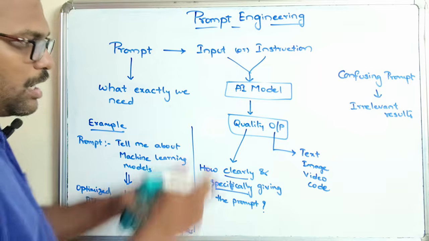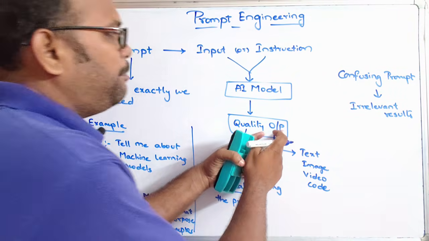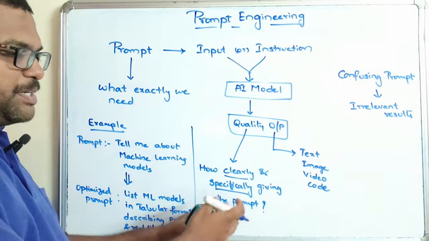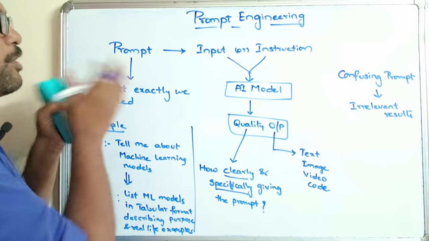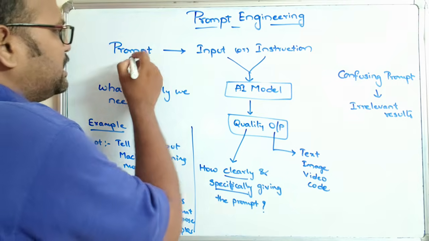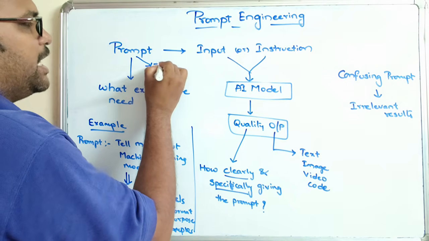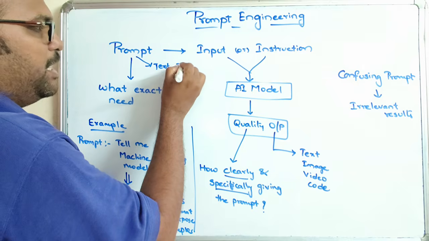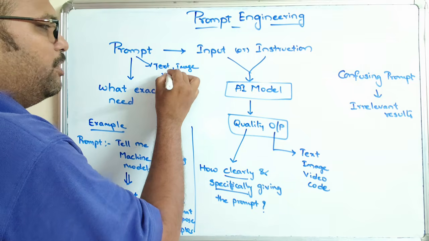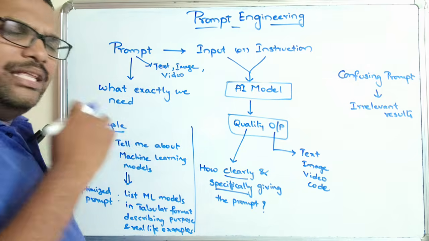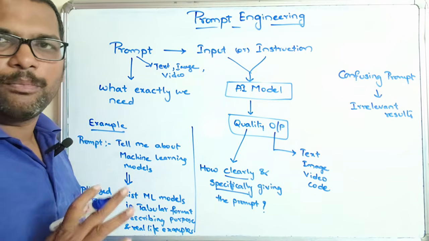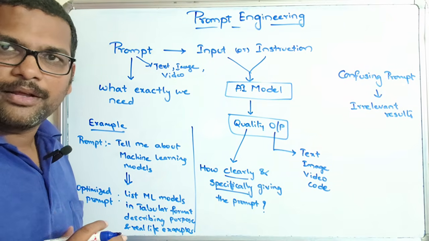The quality of output depends upon how clearly and specifically we specify the prompt. And usually the prompt can be either text or image or a video, anything, but it should be in a clear format.